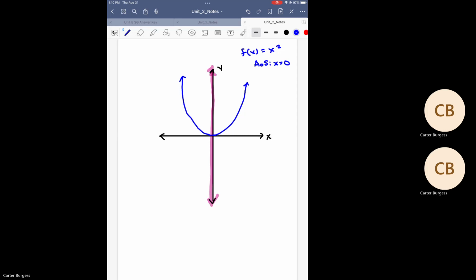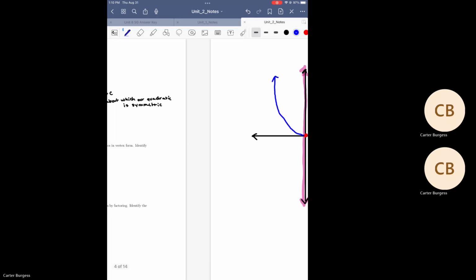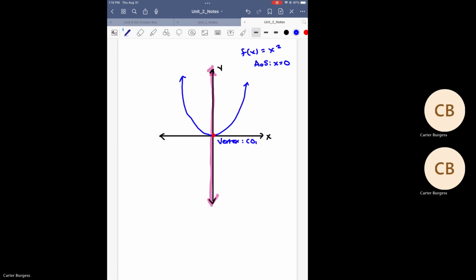The other key feature of our quadratic that we are going to focus on, well, one of the other ones, there's one other thing that we actually care about with regard to our quadratics. But one of the other key ones is going to be the vertex of our quadratic. You can think of the vertex as being the center of the quadratic. I think that's not a horrible way to think. It's also going to be the minimum value or the maximum point on that quadratic, depending on whether we are facing up like this one.